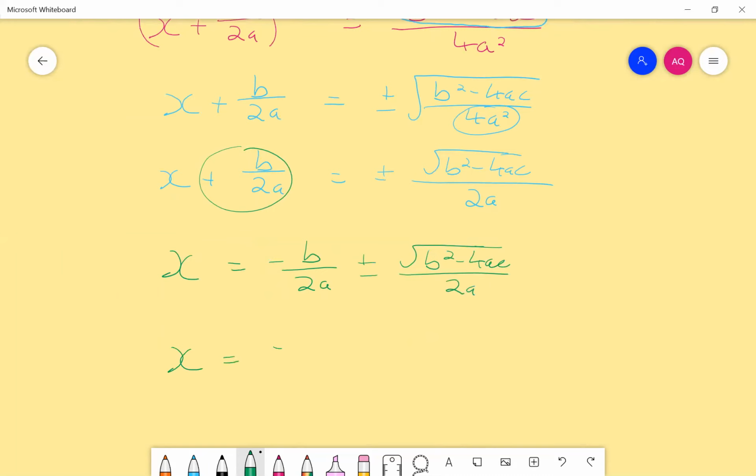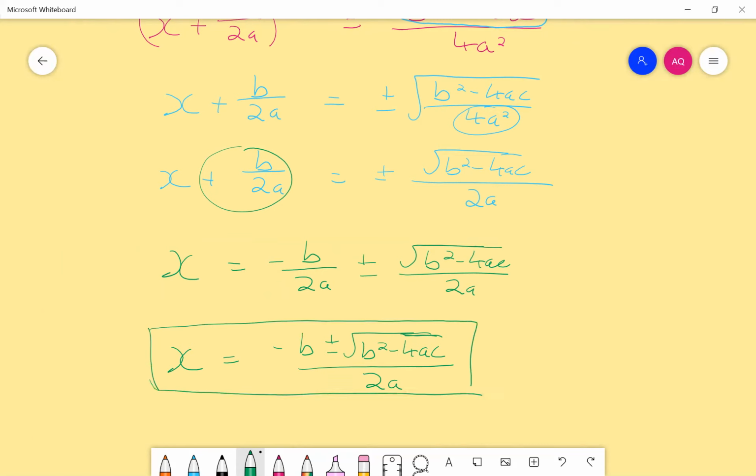So x is equal to minus b plus or minus the square root of b squared minus 4ac all over 2a. And that is the proof of our quadratic formula or our minus b formula.